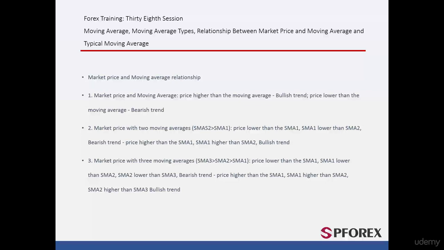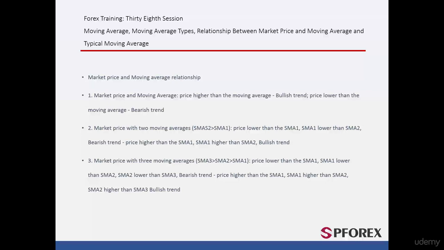Price with two SMAs. SMA2 is greater than SMA1. If a price is under SMA1 and SMA2 is above SMA1, then a trader can place a sell order. If a price is over SMA1 while SMA1 is higher than SMA2, then an upward trend would be more probable.